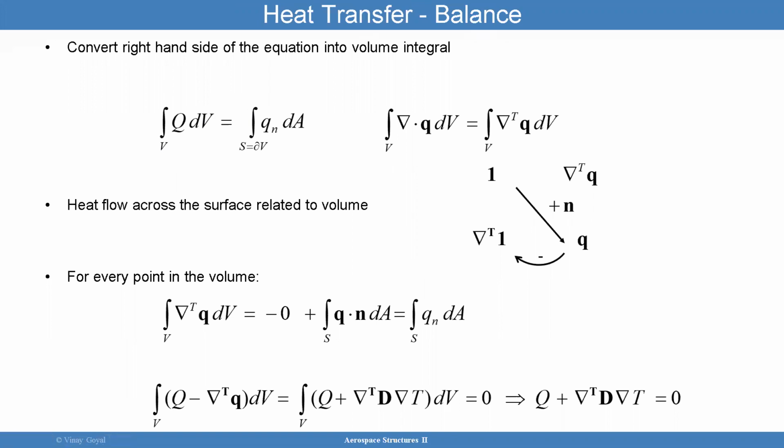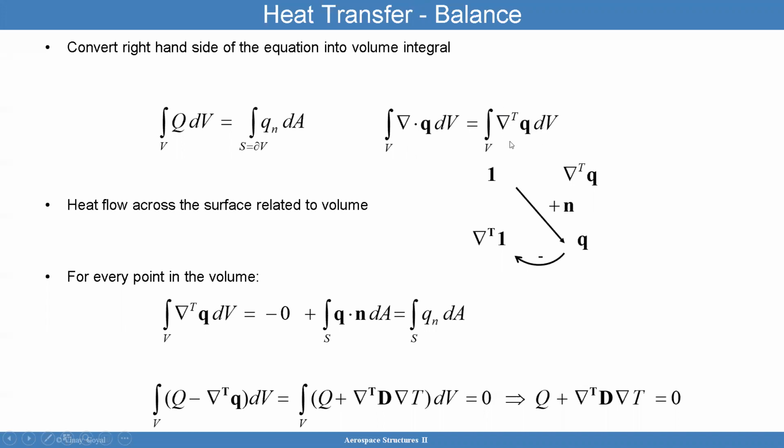We can use Gauss theorem or Stokes theorem, one of those theorems where you can convert a surface integral into a volume integral. And when I think about that concept, what I'm really talking about here is integration by parts. You may have seen that in calculus. I like to call it integration by parts. The gradient dot q dV equals the gradient transpose q dV.